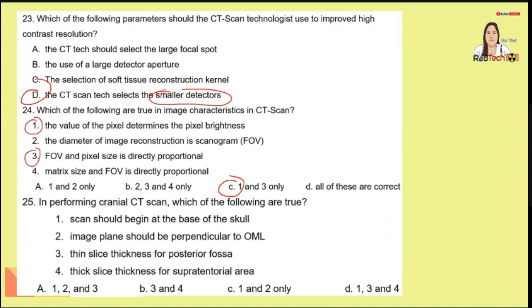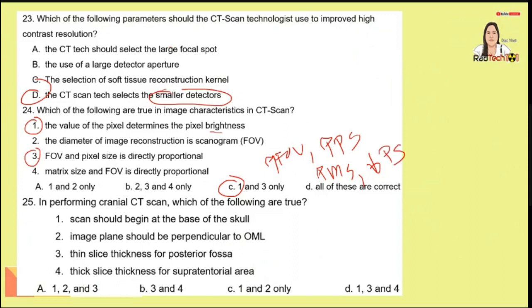The value of pixel determines the pixel brightness. That is correct. And FOV and pixel size are directly proportional. If we increase the FOV, the pixel size will also increase. And in addition, yung sinabi ko kanina, matrix size is inversely proportional to pixel size. So if we increase the matrix size, pixel size will decrease.